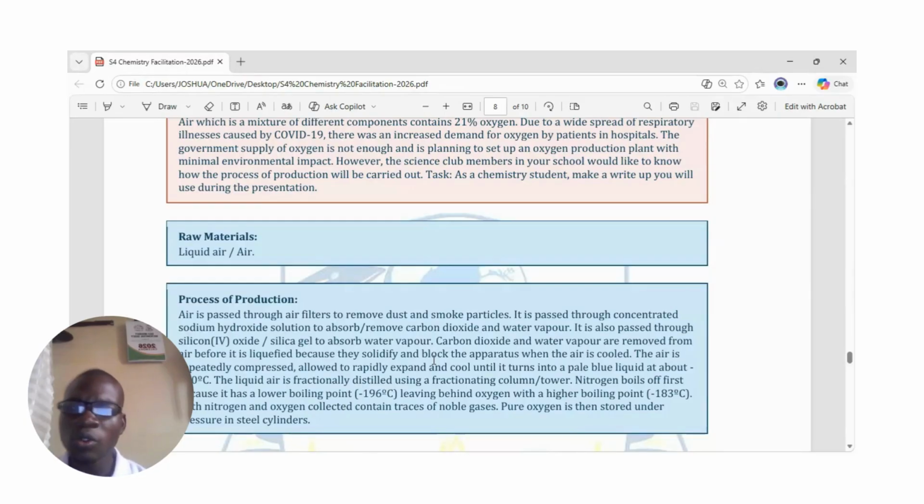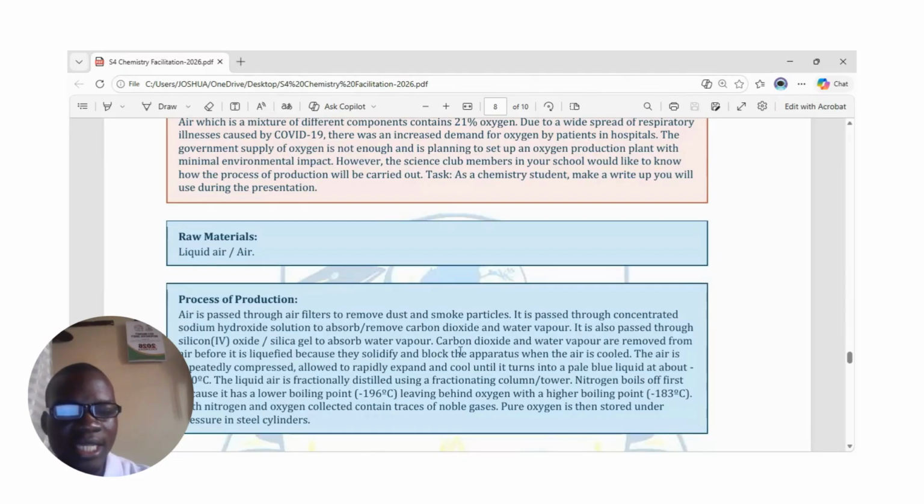So now let us go through this process of production very well and identify what we are supposed to include. Here we said air is passed through air filters to remove dust and smoke particles. That is purification. It is passed through concentrated sodium hydroxide solution to absorb or remove carbon dioxide and water vapor. That is still under purification. It is also passed through silicon(IV) oxide or silica gel to absorb water vapor.